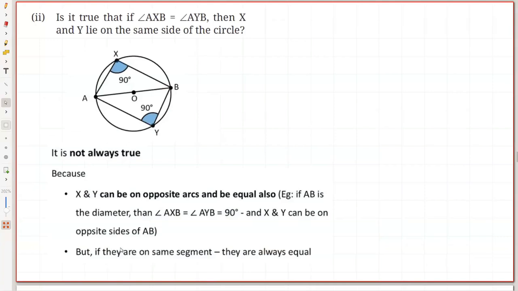But if they are on the same side, same segment, then they should always be equal. But this is also possible: it can be on the opposite side also and be equal. So the answer is, it is not always true.